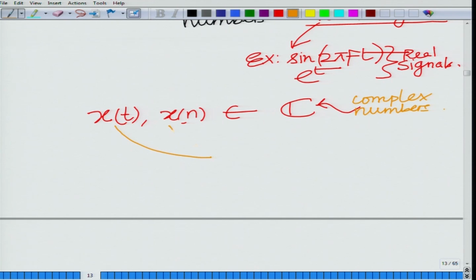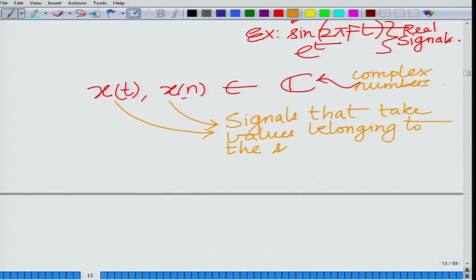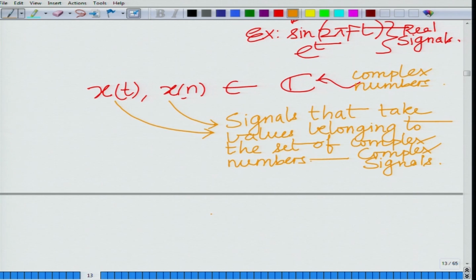Signals that take values belonging to the set of complex numbers, that take complex values, are termed as complex signals.